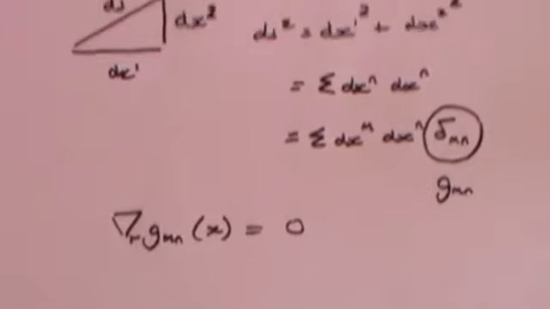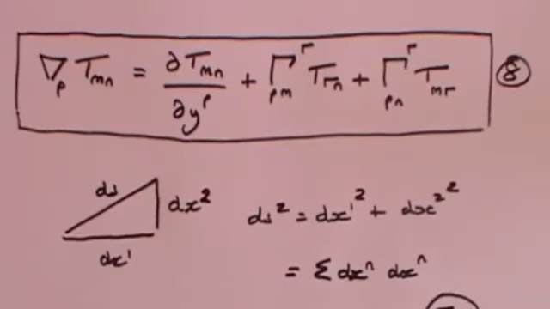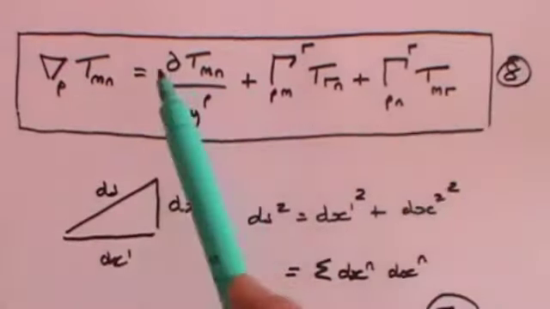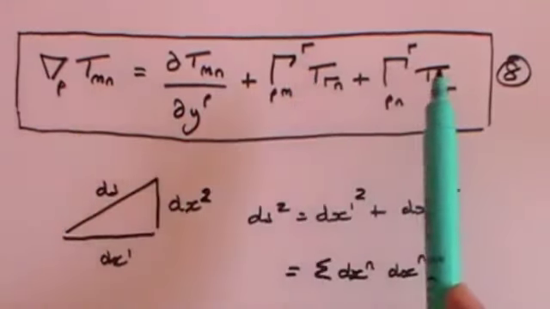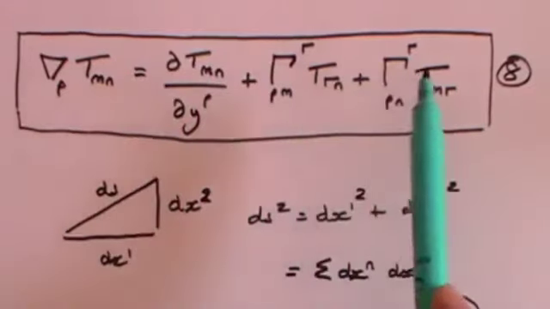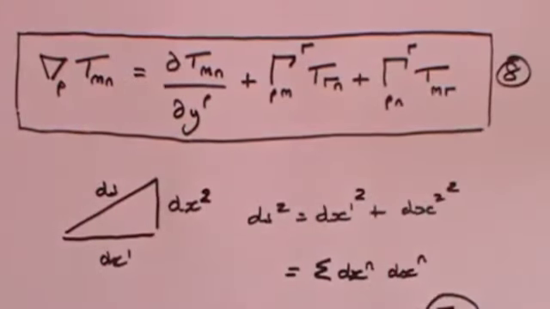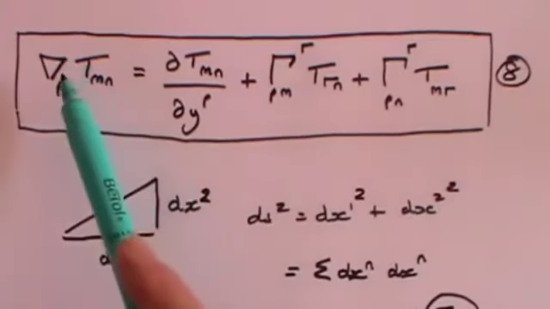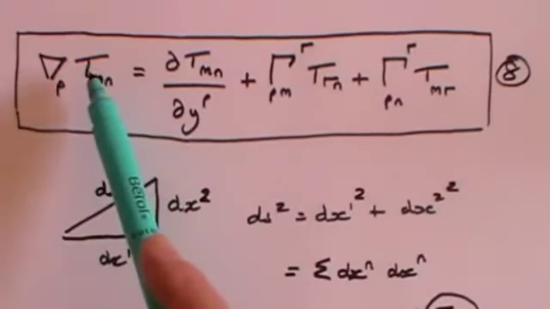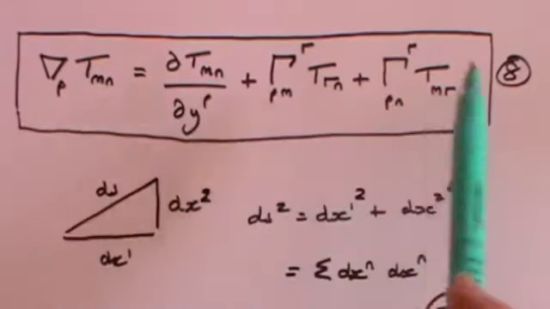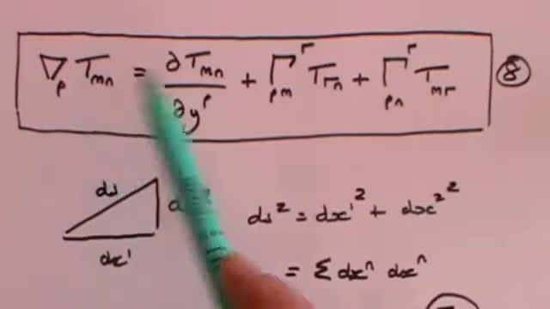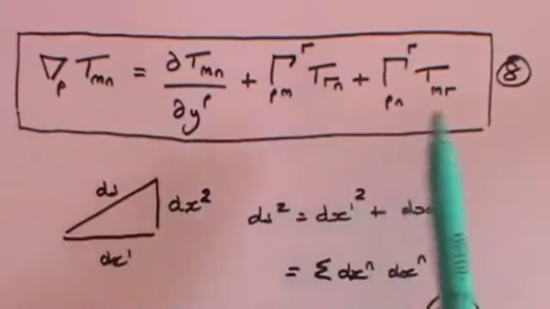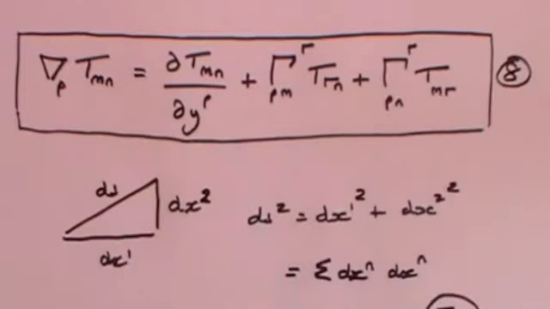Which means if we take this formula up here, equation number 8, and just write it out again, but put g in place of all the t's, we will have a value of the covariant derivative of g in terms of all these terms, but the covariant derivative of g, of course, always equals 0.